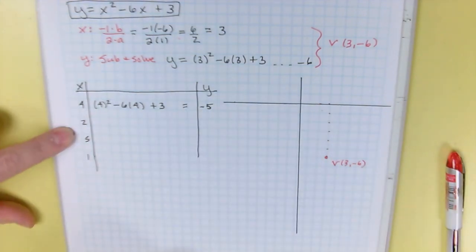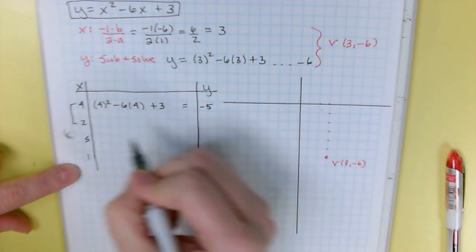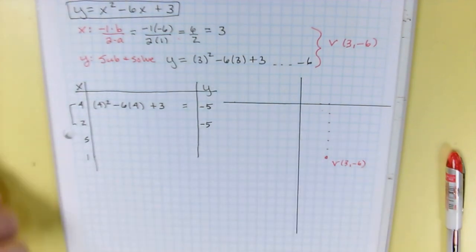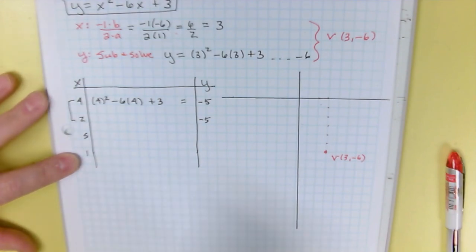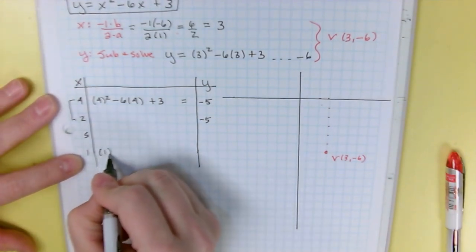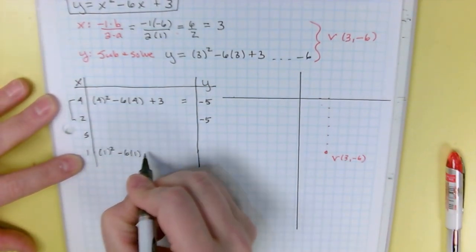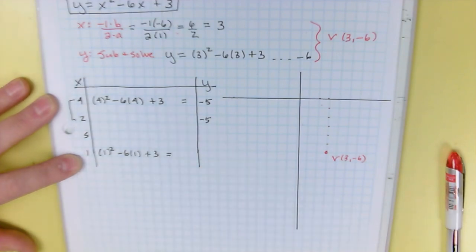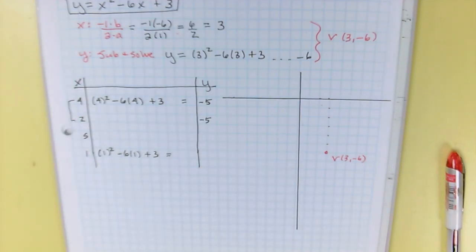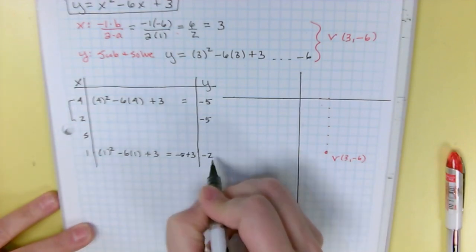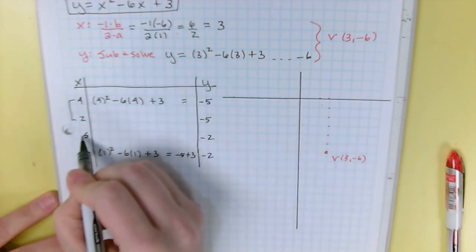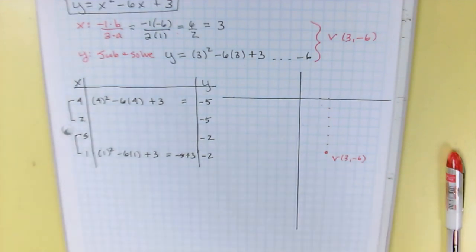And since 2 is its symmetrical partner, that should also be -5. Now for the next pair, I'm going to be lazy and substitute in the 1 instead of the 5. So 1 squared minus 6 times 1 plus 3. 1 minus 6 is -5. -5 plus 3 is -2. So the 5 and the 1 should be -2.